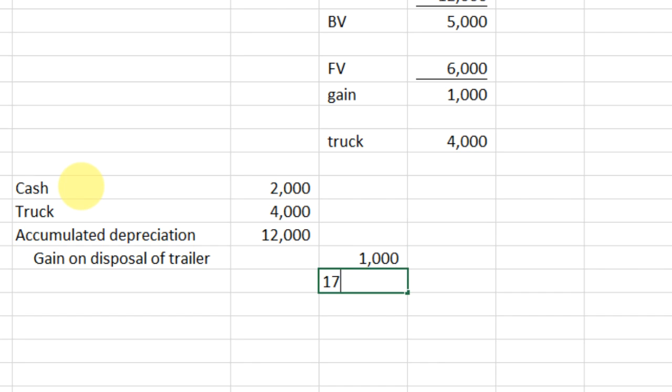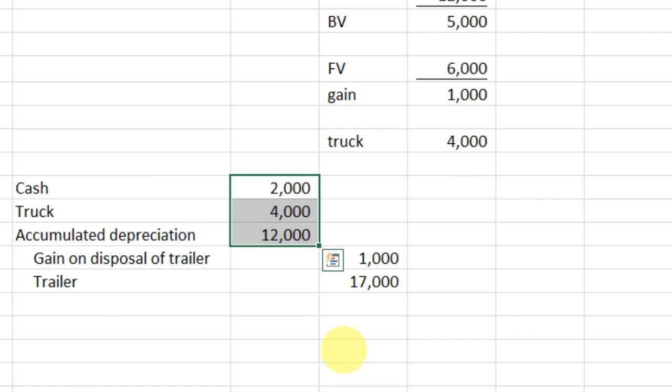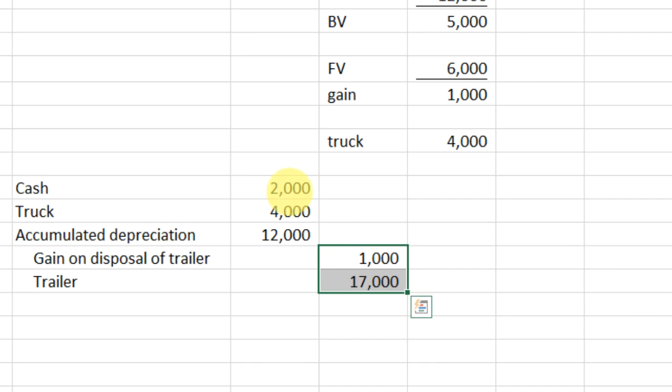And of course, the historical cost of the trailer is $17,000, and that has to go away too. So what we have now is a complete journal entry, and we have $18,000 in debits, $18,000 in credits. So the journal entry balances, and that kind of matches what we had calculated for the value of the truck. So that's all there is to it.